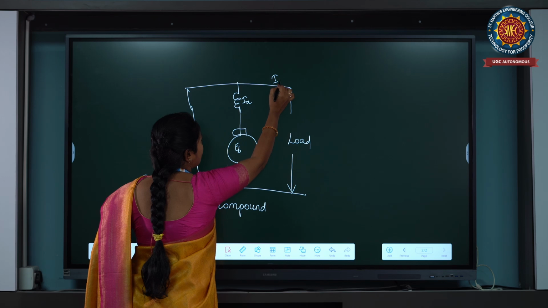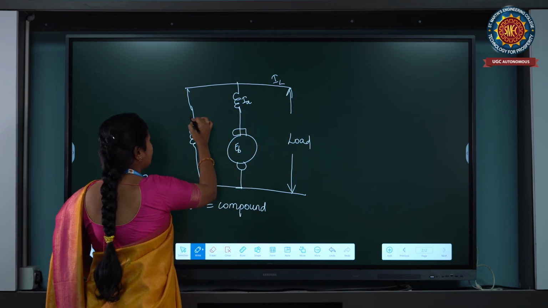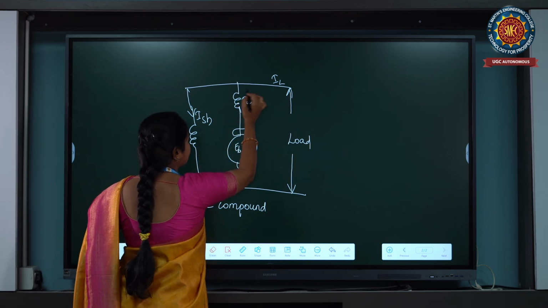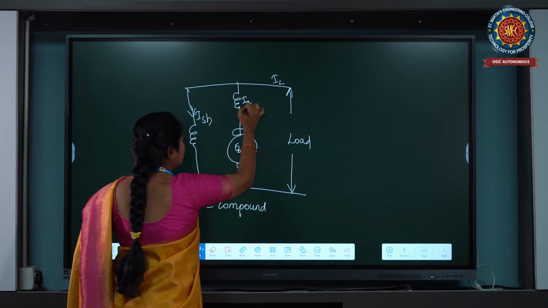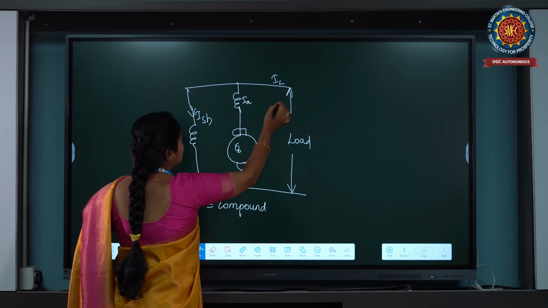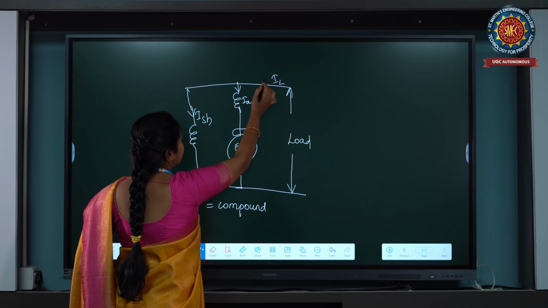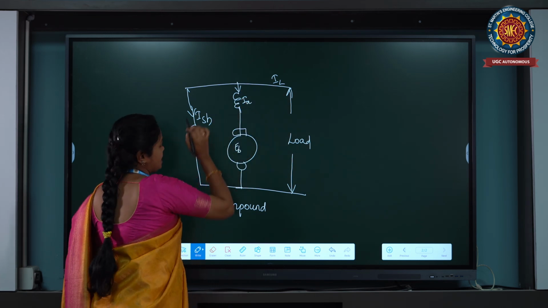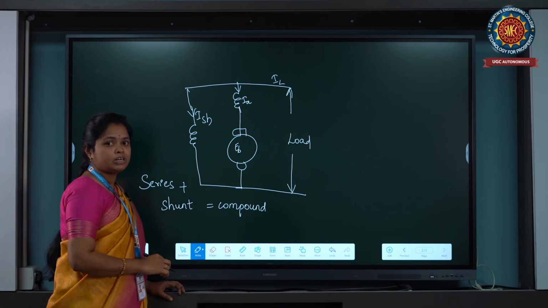From here the IL current is flowing, and here the ISH current is flowing. This IL current is divided into two currents, IA plus ISH, same like your shunt motor.